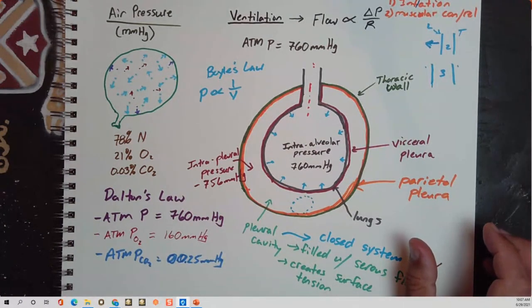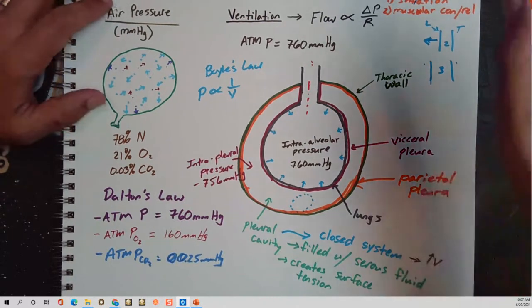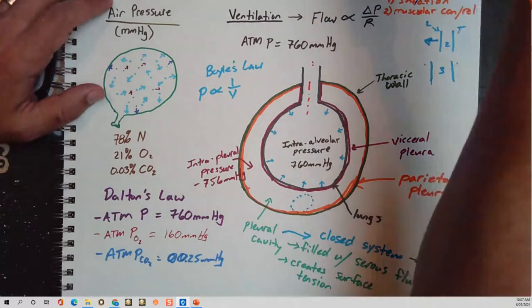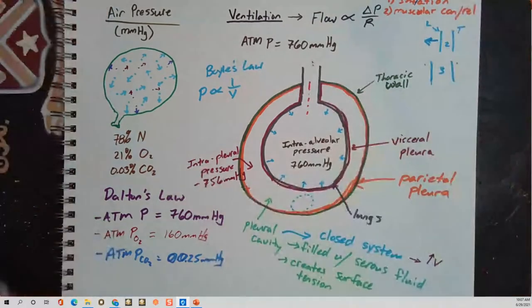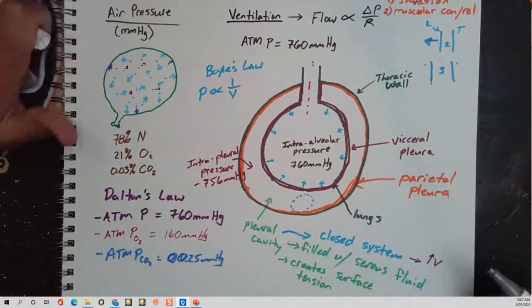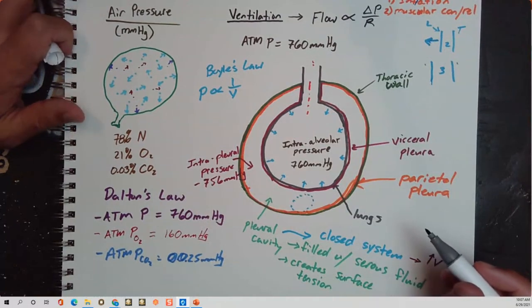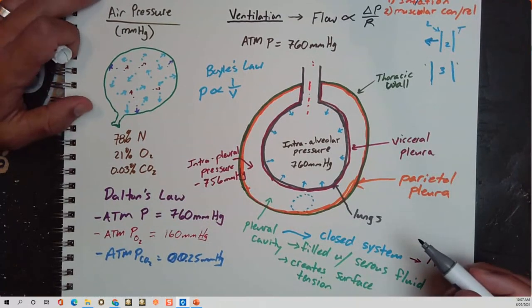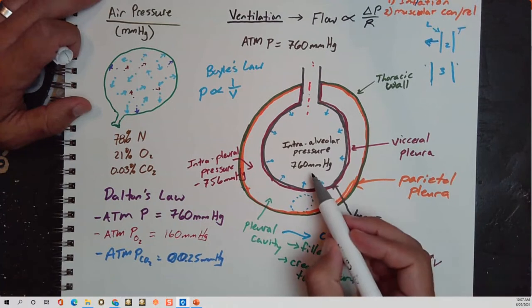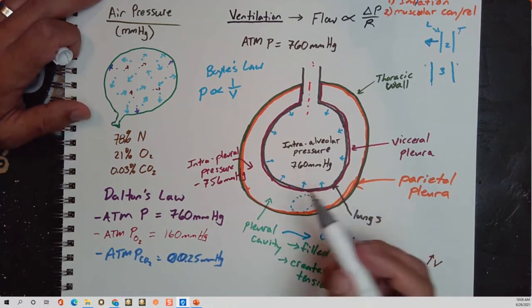Yeah, 4 millimeters of mercury is quite a bit in a system like this. It's hard to relate it to anything because you guys probably don't have anything to relate it to, but I'm going to try to give you something to relate it to in just a minute. So this is atmospheric pressure, 760 millimeters of mercury.